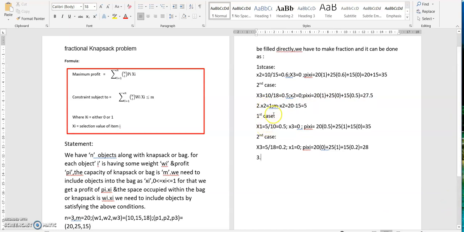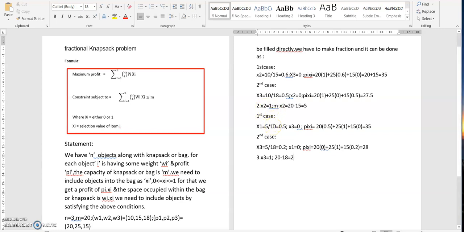In the third case, x3 equal to 1, that means here first we insert the third object. We insert the third object, then there will be remaining space as 20 minus 18 is equal to 2. 2 will be the remaining space.